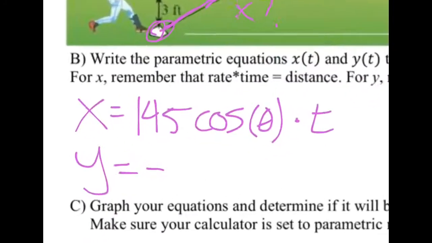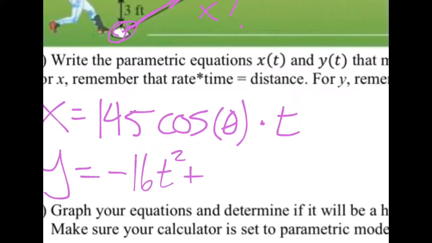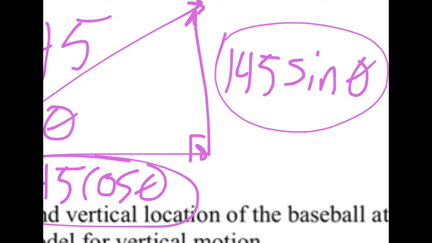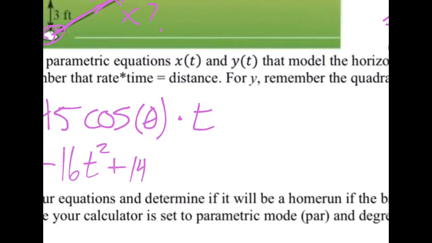Our units are feet, which means our coefficient needs to be negative 16. And then we have t squared plus our initial velocity, but we need to make sure we are using the vertical component of our initial velocity, 145 times sine of theta. So 145 sine theta, it's going to be this piece times t.